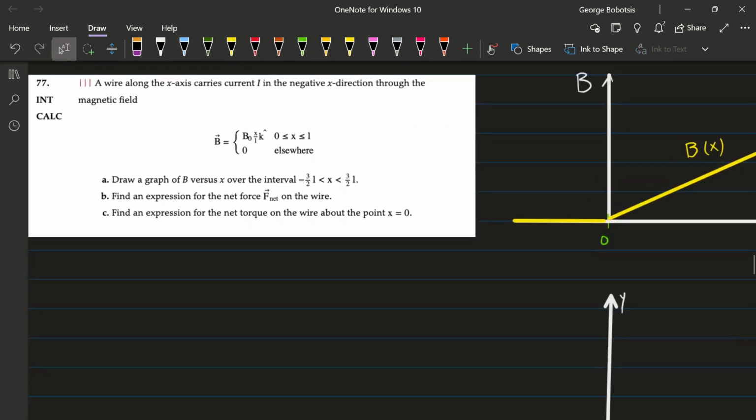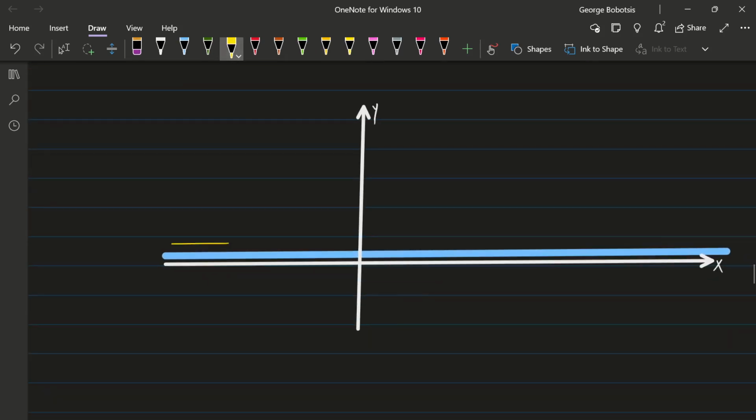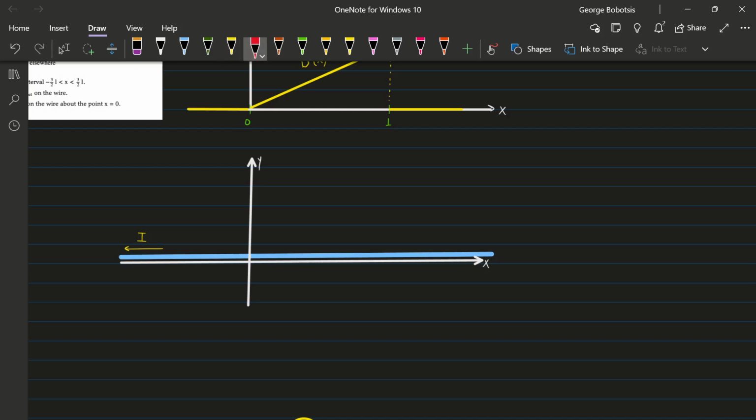But it runs the current in the negative x direction, so this way. The magnetic field doesn't exist in this region here, but it does exist over here until 1, of course. And it seems to be growing in strength as you go from 0 to 1.